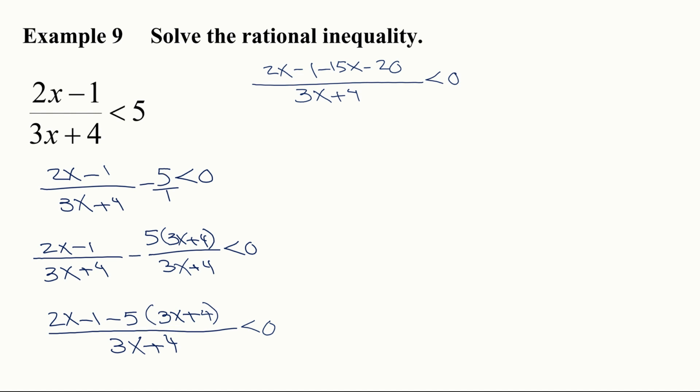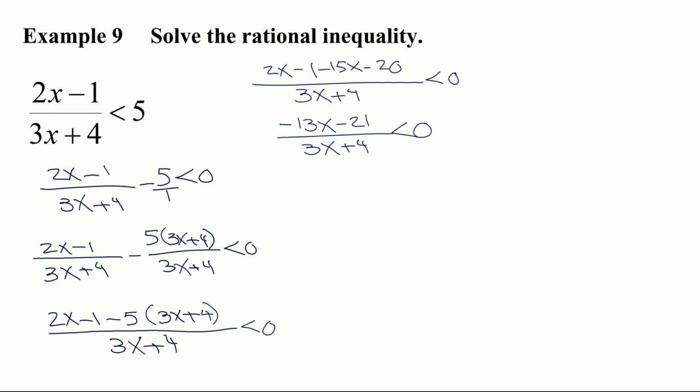So if we go ahead and combine those, we get negative 13x, combine the negative 1 and negative 20, so we get minus 21 over 3x plus 4 is less than 0.